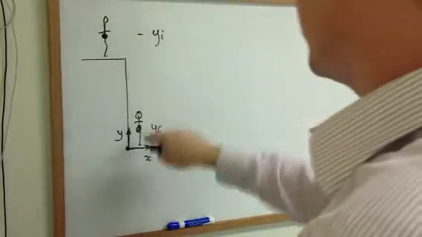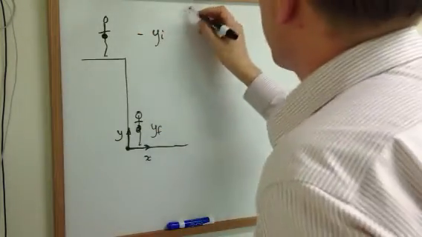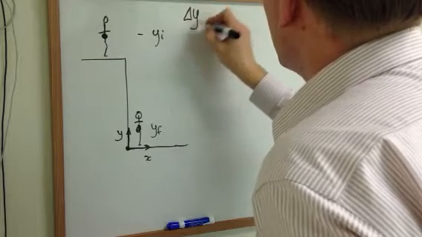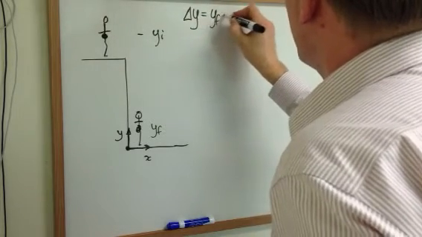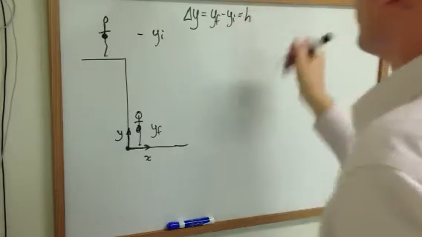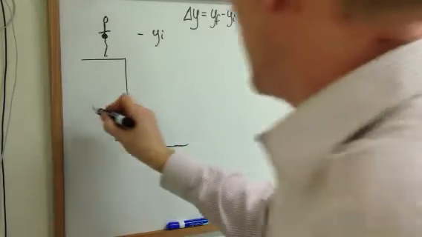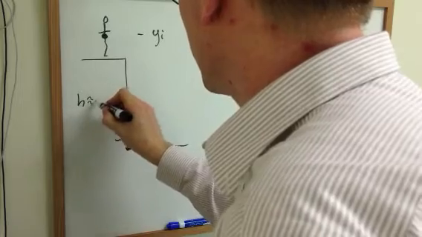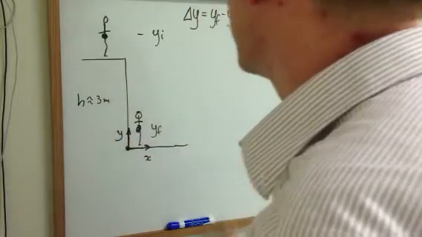The change in height is y final minus y initial, and that's equal to the height of the ledge. That's given here. The height of the ledge is about 3 meters, at least in my question it is.